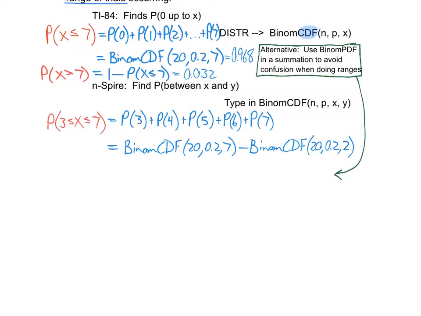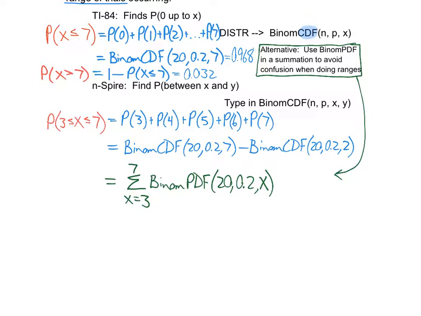The other way of doing this would be to do the sum from x equals 3 to 7 of binomial PDF with 20, 0.2, and then watch this, x.